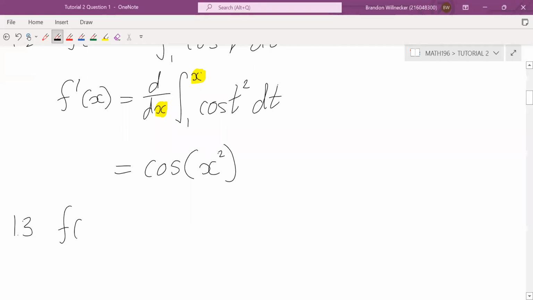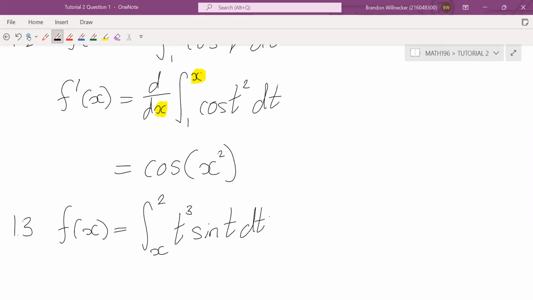Okay, so we have f of x equal to the integral from x up to 2 of t cubed sine of t dt. As it is here, we can't use FTC part 1 because the upper bound is not x.